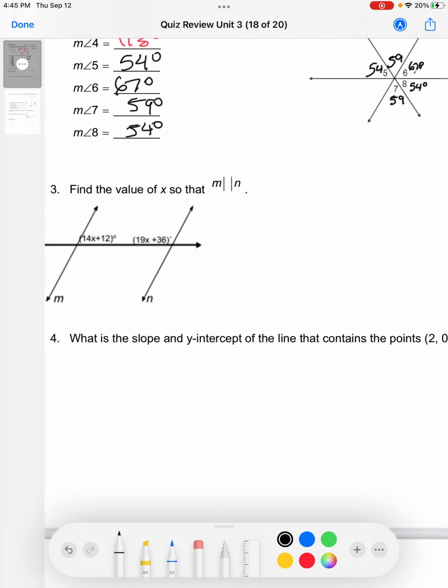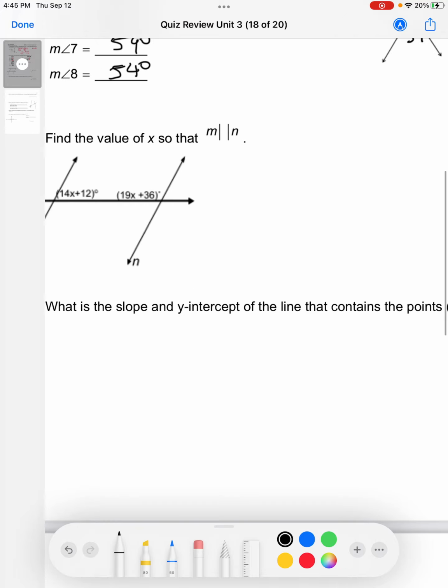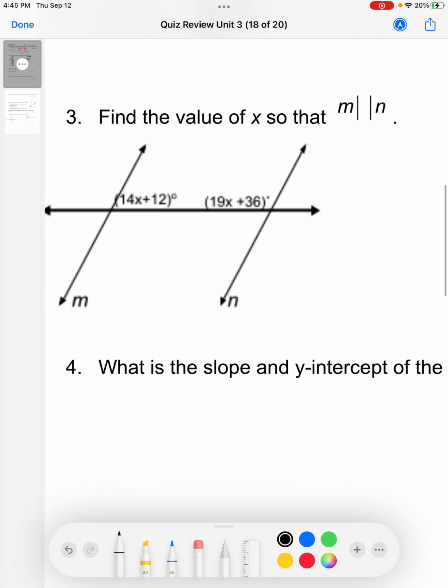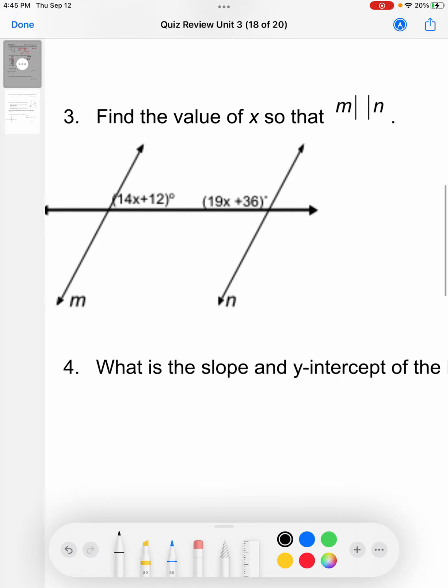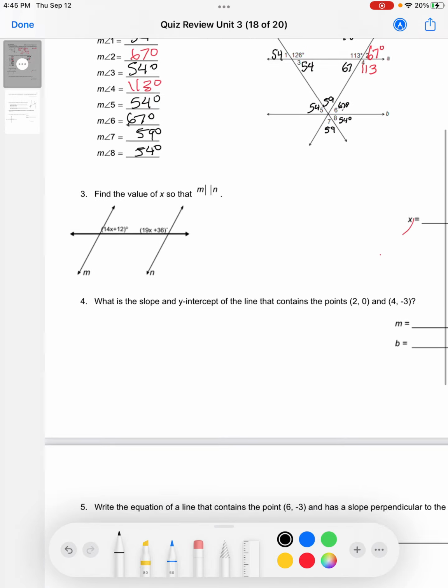Okay, number 3 says find x. The two angles, 14x plus 12 and 19x plus 36, are supplementary angles.